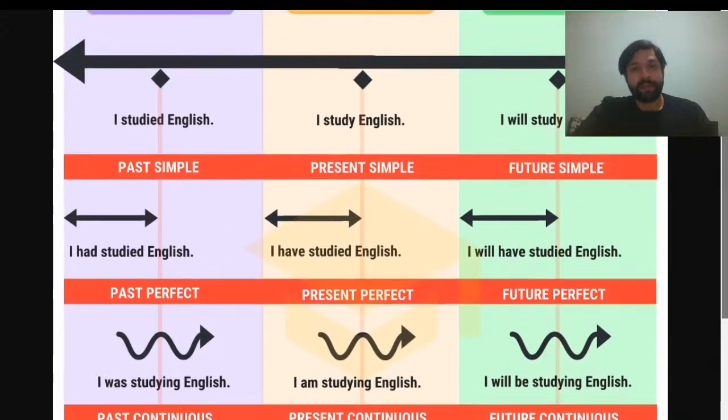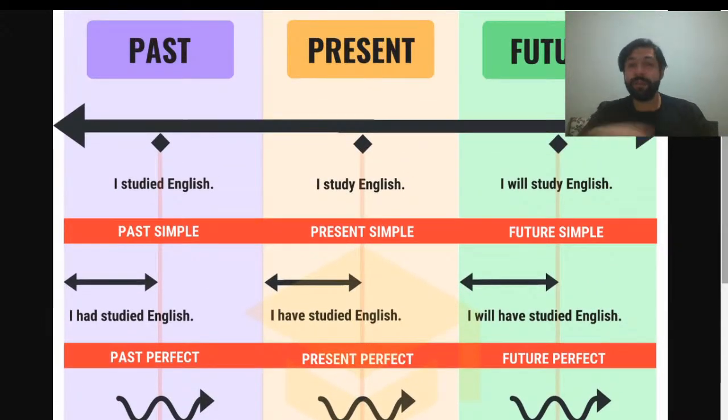The perfect, that's something that we have been reviewing lately. We have been reviewing, I guess, the future perfect and the present perfect, and the next unit is the past perfect, for example. So they are a little bit more complicated to us Brazilians. But look, the perfect tense must use have, the auxiliary have, plus the third form of the verbs.